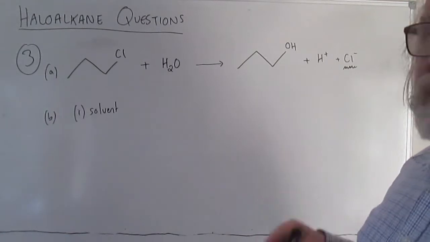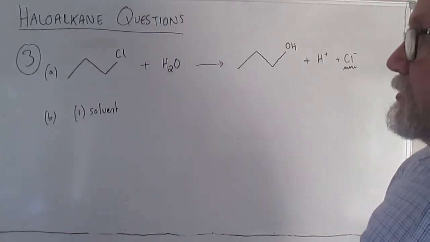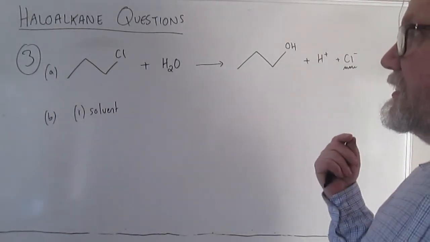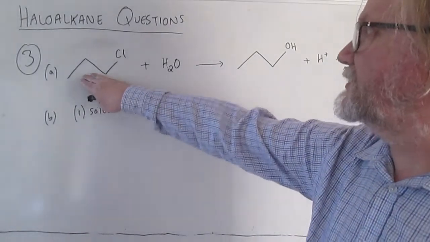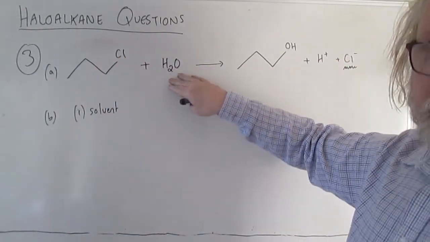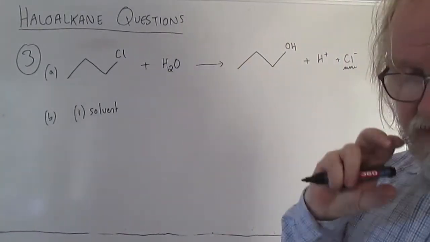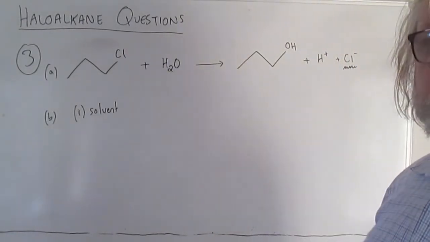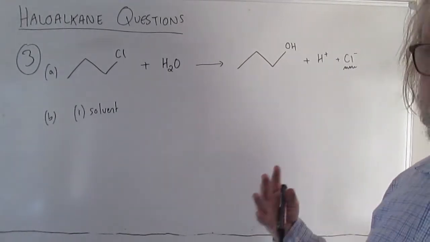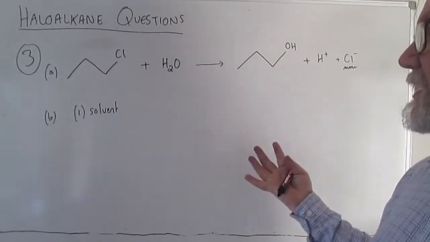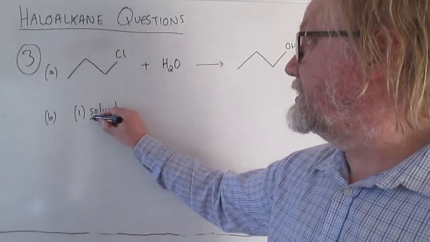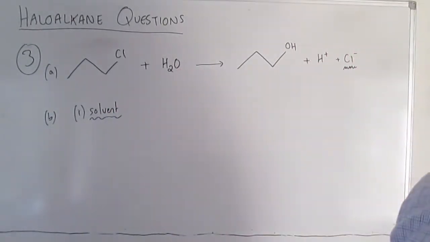And that's not very good when you're comparing rates. So you get round this by using ethanol, because this dissolves in ethanol and so does the water and the silver nitrate. So you're able to get everything in solution in a single layer, and that means you don't have a mixing problem, so you can much more meaningfully compare rates. You'd have to explain that in detail, but you do need to know that ethanol is used and that it's there as a solvent.